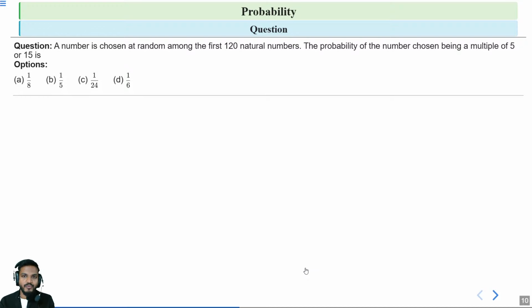So we have to find the probability of this event, that is, either you get a multiple of 5 or a multiple of 15. Option A is 1 by 8, option B is 1 by 5, option C 1 by 24, option D 1 by 6. So apply a similar approach as in question number 1, because here also there is "or", 5 or 15. Okay, so try this question.